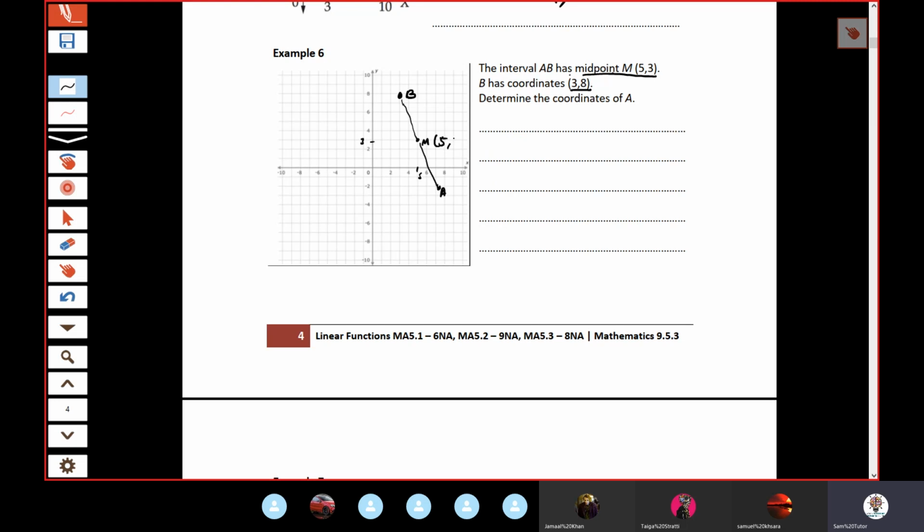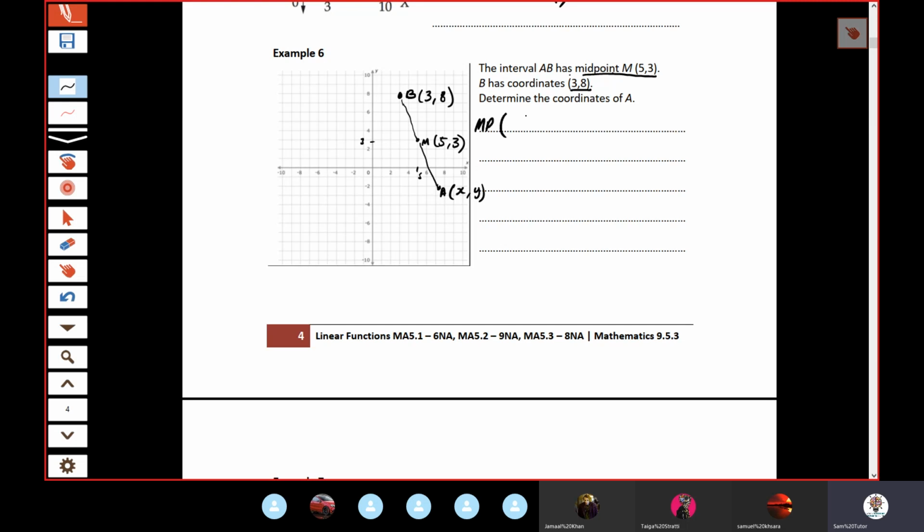They've given you the midpoint, 5 and 3. You already have B, which is 3 and 8. You're trying to work out A, which we don't know, so we label A as x and y. Something you're going to learn in math is you don't change regardless of how the question changes. You know the formula.